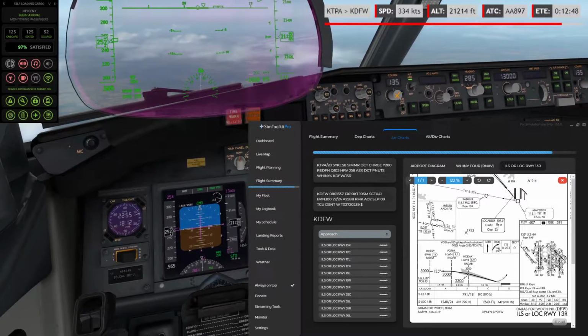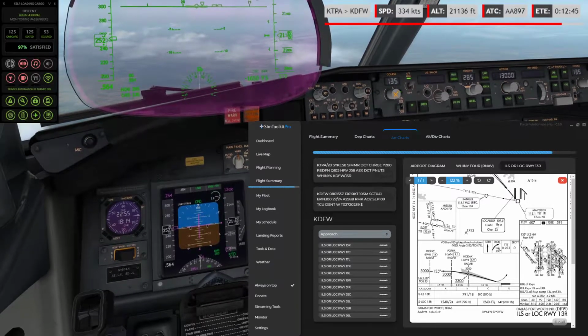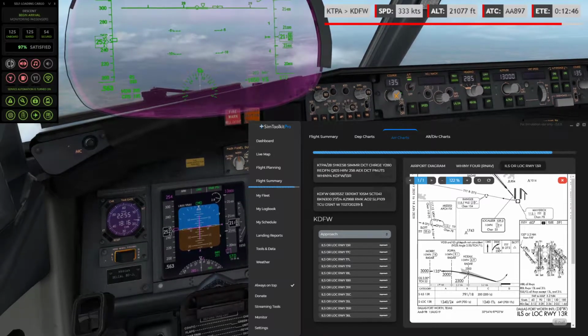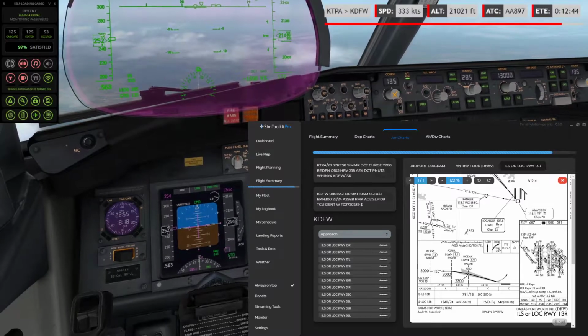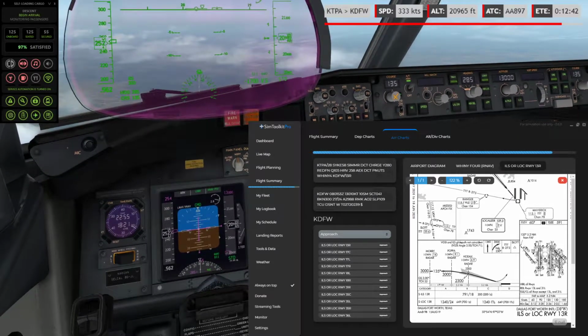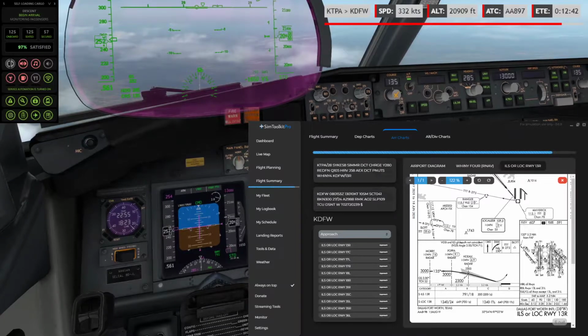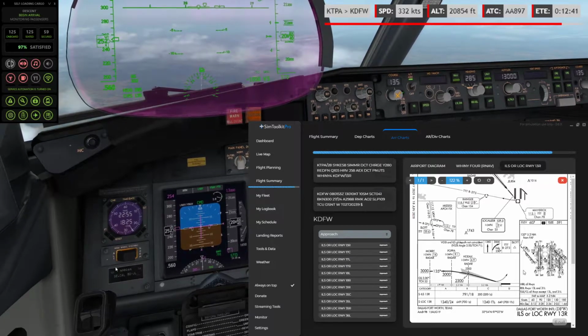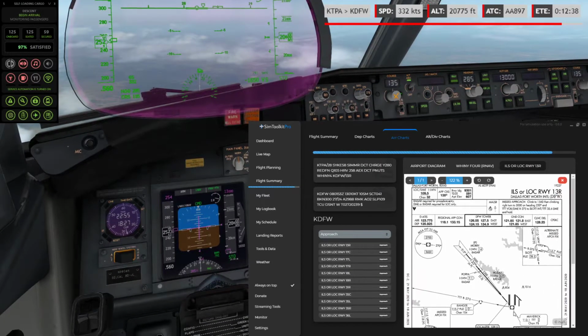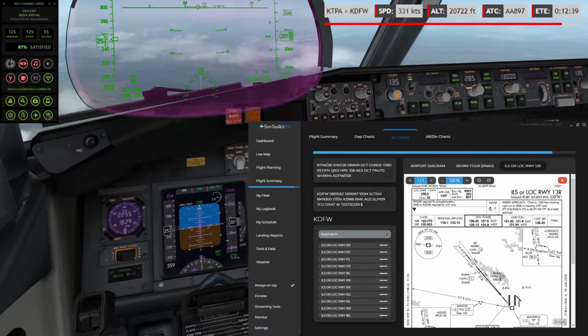Our minimums for runway 13 right ILS is 791. So 791 check. That is about 200 feet AGL.